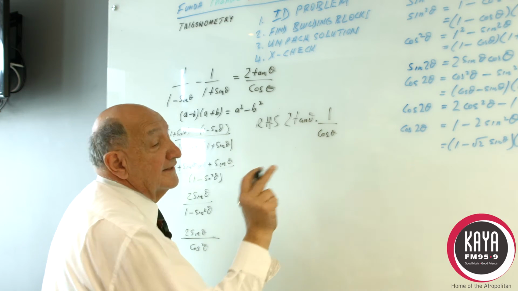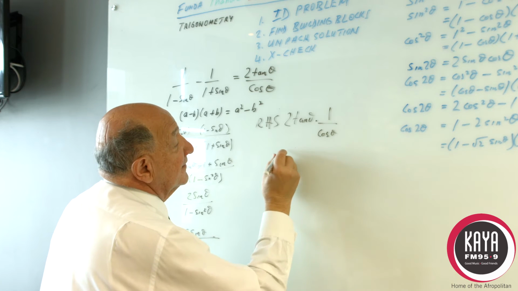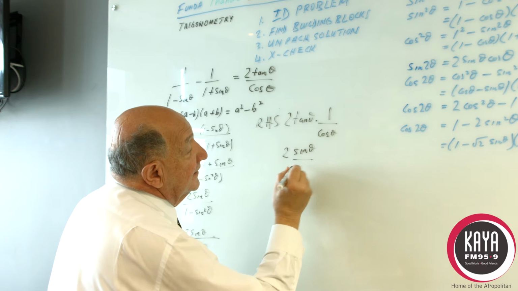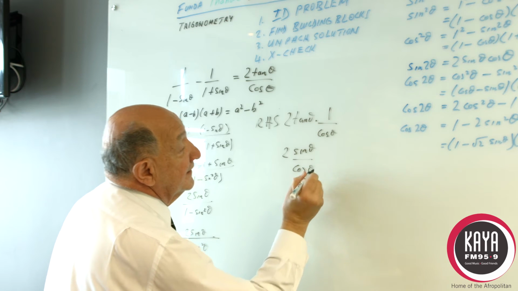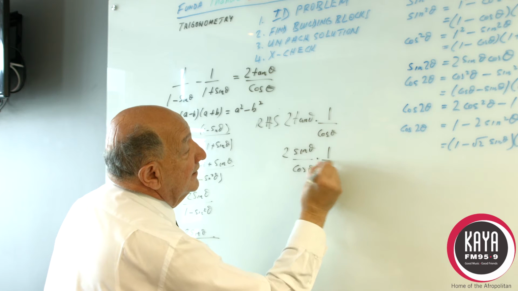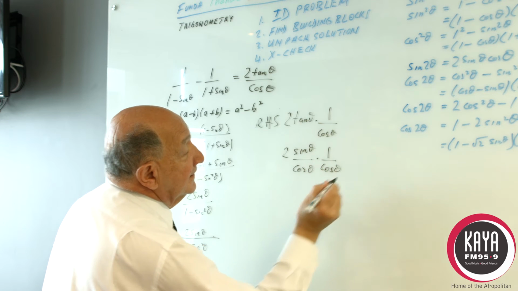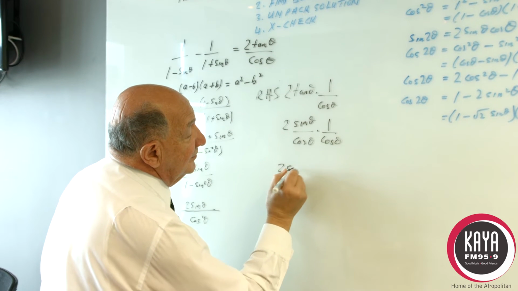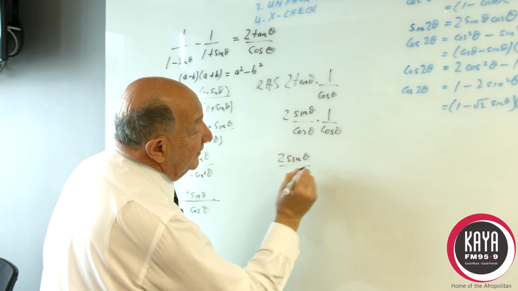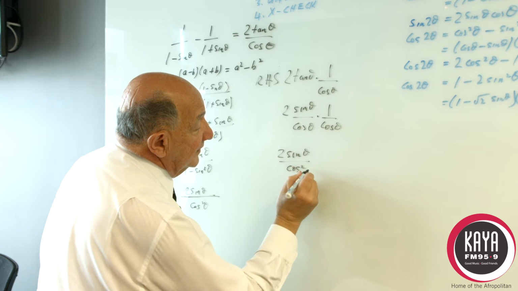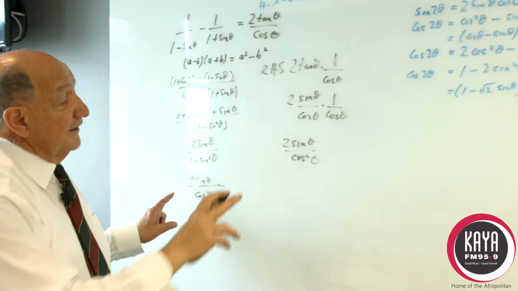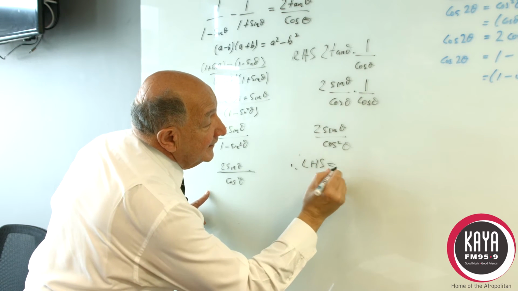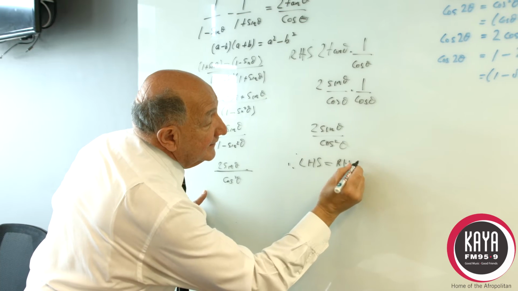Then the tan is sine over cos, so that will be 2 sine theta over cos theta times 1 over cos theta. We can simplify this further, so that's 2 sine theta over cos squared theta. Therefore, the left-hand side equals the right-hand side.